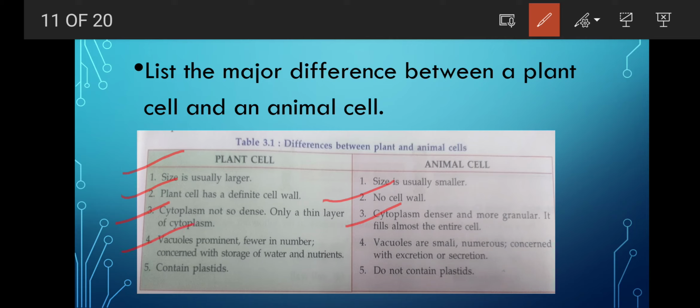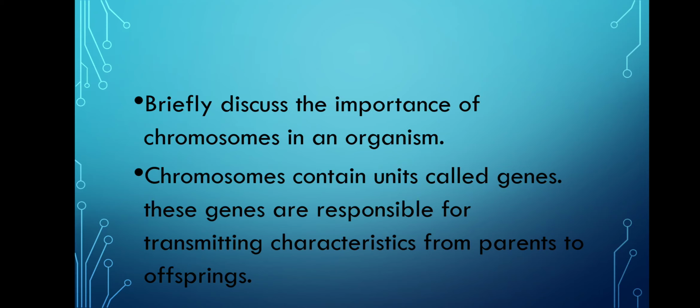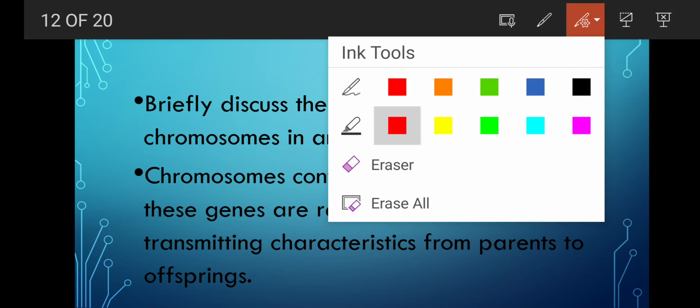In plant cell, vacuoles are prominent, fewer in number, concerned with storage of water and nutrients. And in animal cell, vacuoles are small, numerous, concerned with excretion or secretion. And the next, plant cells contain plastids, and animal cells do not contain plastids. Okay, so these are the points that you will write and you will learn also.